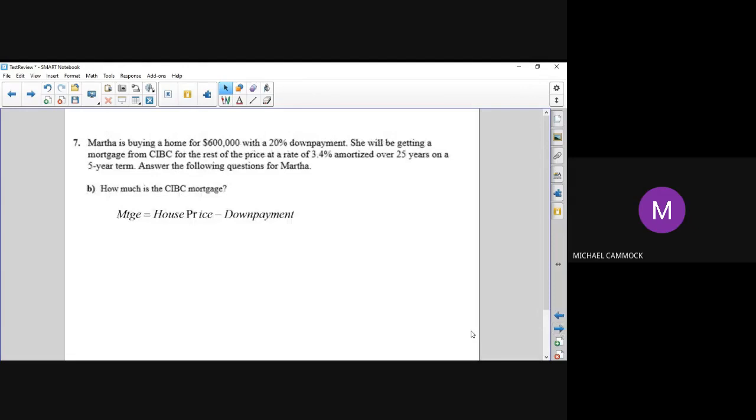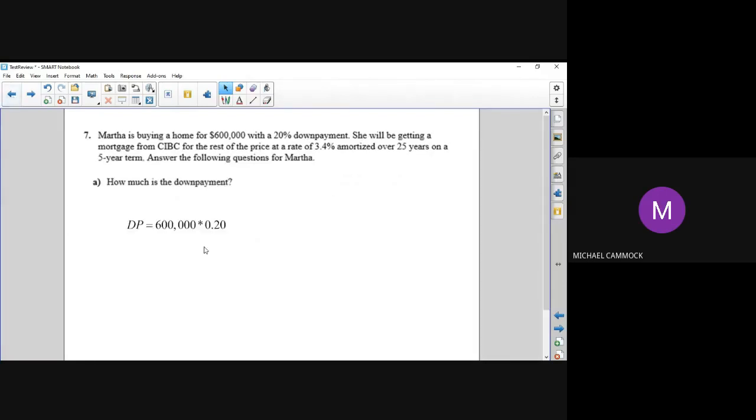Well, remember, if $600,000 is the house, you're not borrowing the whole $600,000. The bank is saying that you, or in this case, Martha, has to have some of the money to buy the house. And some of the money in this case is 20%. So on the previous slide, we said that we could find the down payment by taking 600,000 multiplied by 0.2.